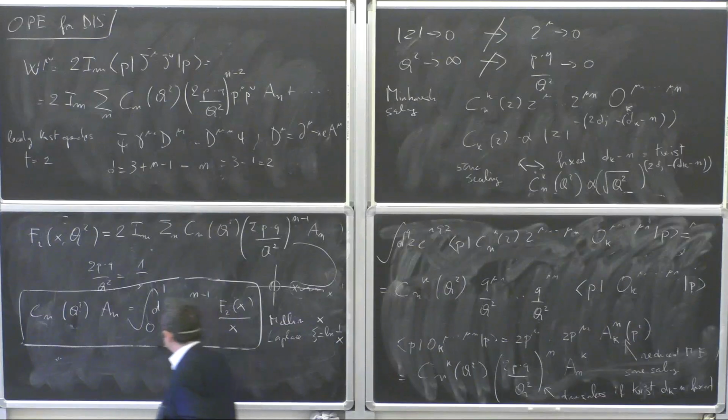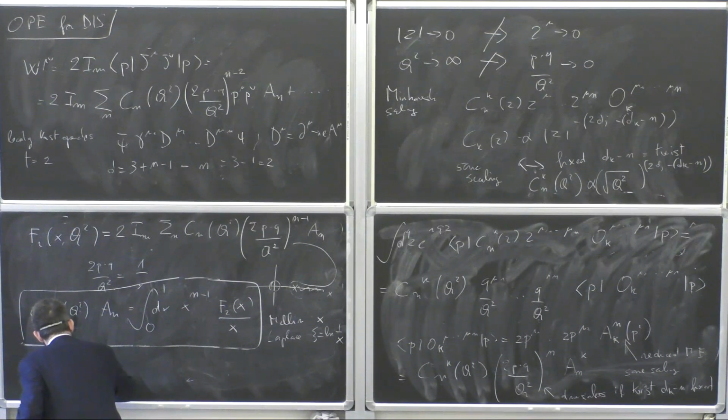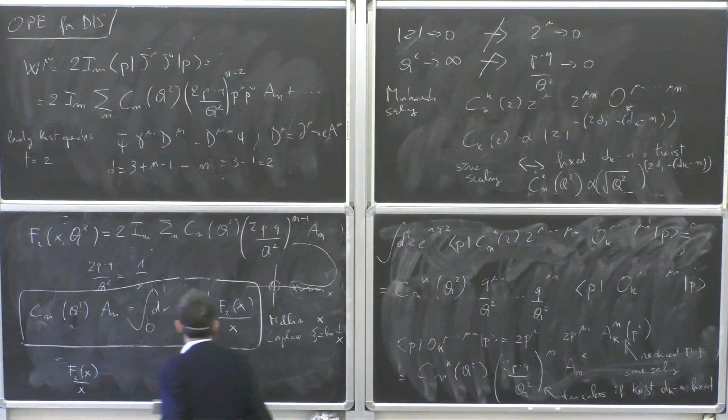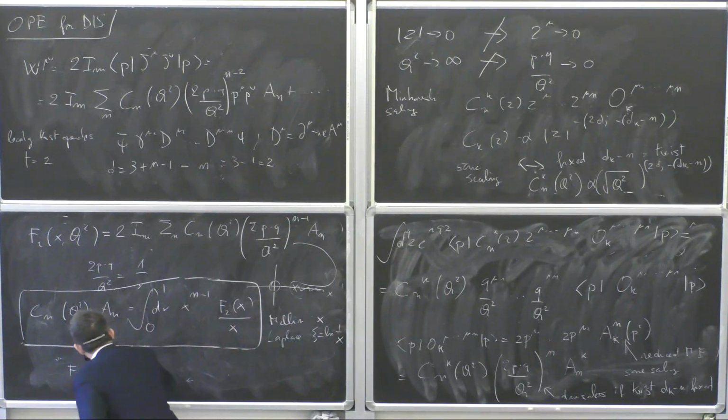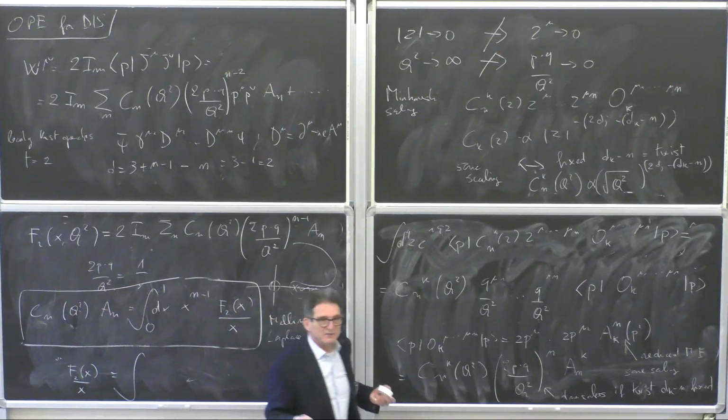And this means in particular that F2 of x over x can be written as the inverse transform of this guy, like the inverse Laplace transform.